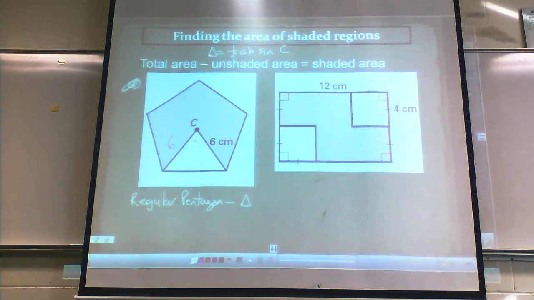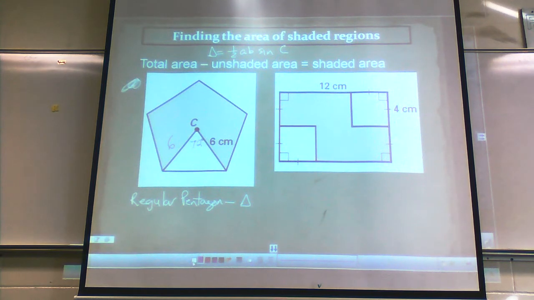So this angle right there is 360 divided by the number of sides. So what's 360 divided by 5? It's 72.